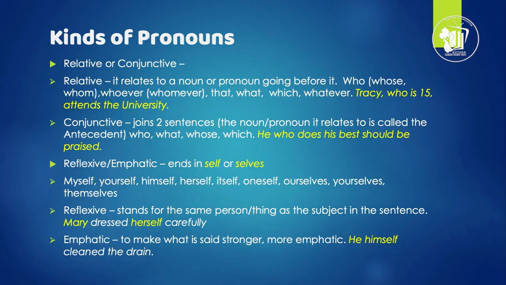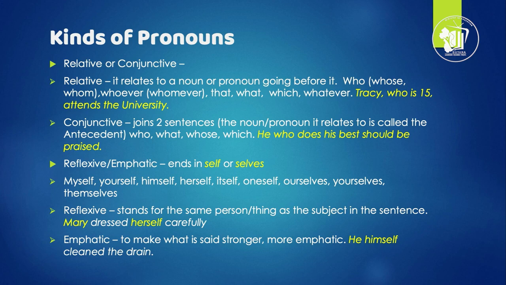Another kind of pronoun is the reflective or emphatic. Reflective and emphatic pronouns end in self or selves. So we have myself, yourself, himself, herself, itself, oneself, ourselves, yourselves, themselves.